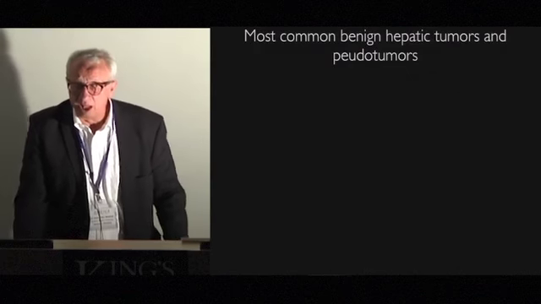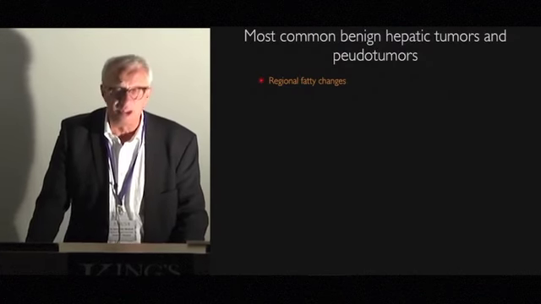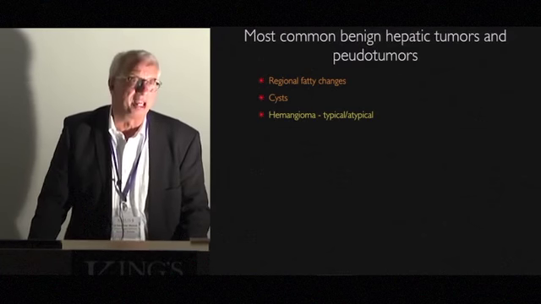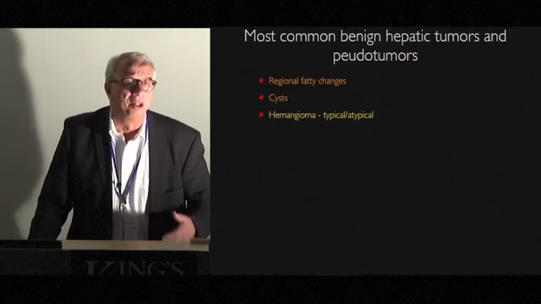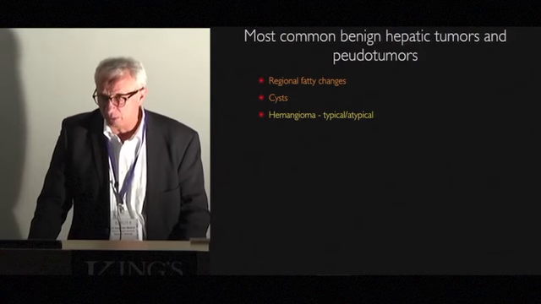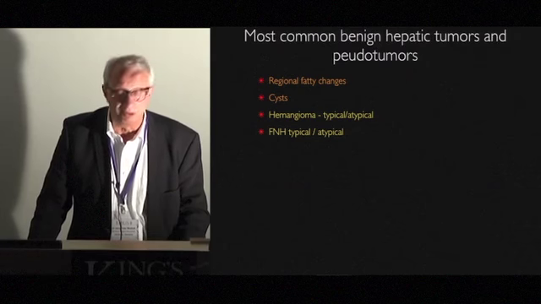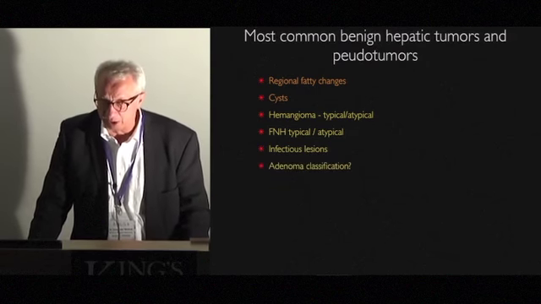Most common benign hepatic tumors and pseudotumors: number one is, of course, focal fatty changes. Then very often cysts and hemangiomas are found, and I will cover in my talk the most common benign lesions. I will cover the hemangiomas, typical and atypical ones, the FNH, typical and atypical, infectious disease, a very small one, with only one example for that.